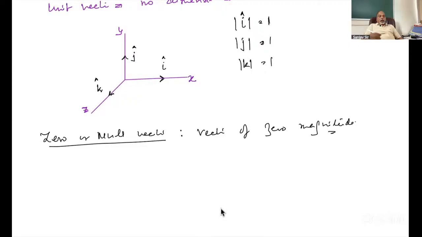Correct. Even its direction is also not particular.